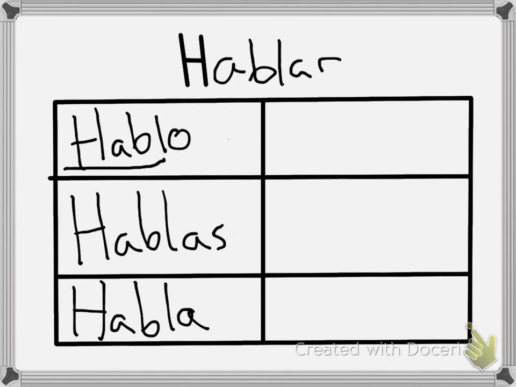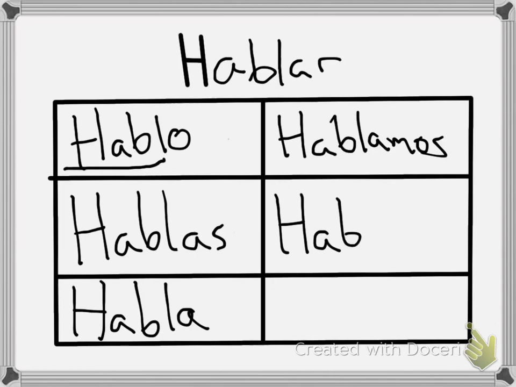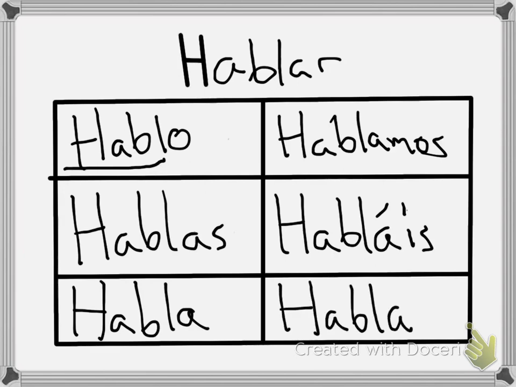For nosotros, I have the ending A, M, O, S, hablamos. For vosotros, I'm going to use the verb ending A with an accent, I-S, habláis. And for ellos, ellas, and ustedes, I'm going to end up with hablan.